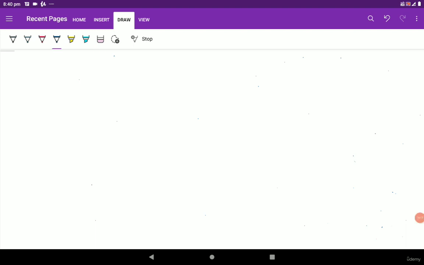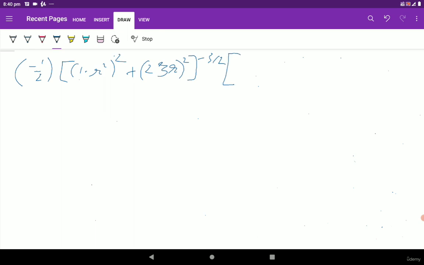Minus 1 by 2, (1 minus r square) whole square plus (2 zeta r) whole square to the power minus 3 by 2, in bracket 2 (1 minus r square) times (0 minus 2r) plus 2 into 2 zeta r into 2 zeta, equal to 0.